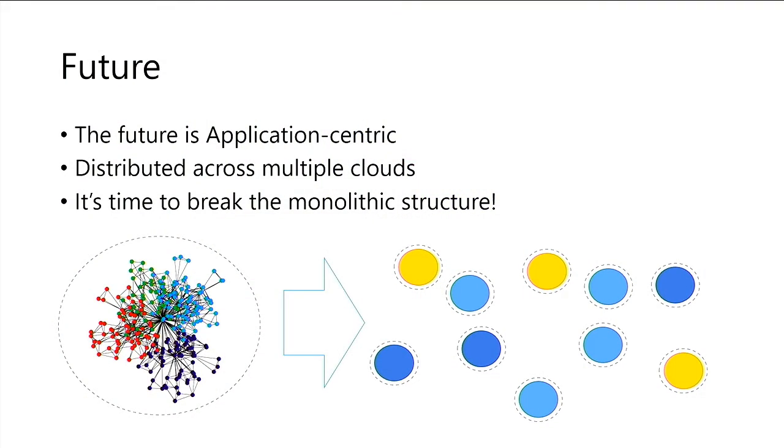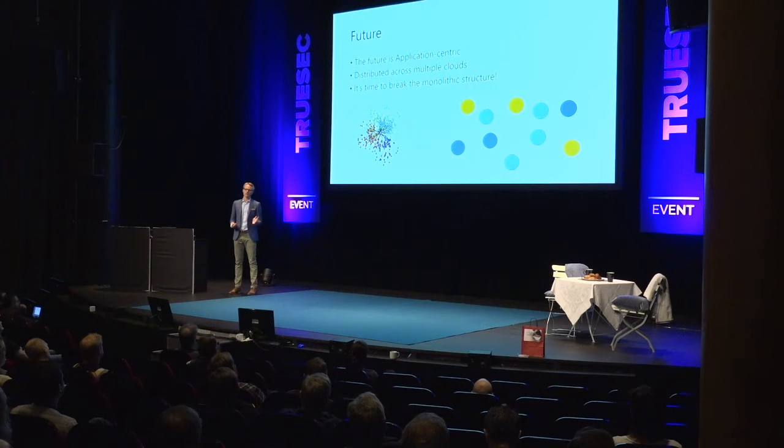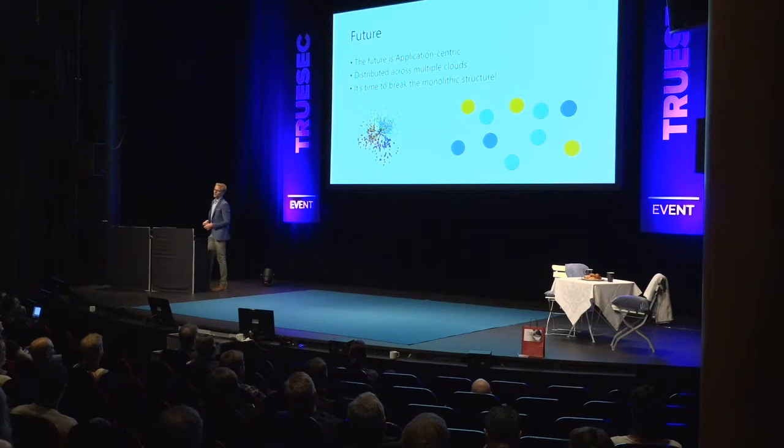And what we see is that the future is application-centric. In many environments, we have the infrastructure already distributed across multiple clouds. Some clouds on Swedish grounds, some clouds in Europe, some in the US, whatever. And that depends. Sometimes it's sourcing vendors even operating their own infrastructure or controlling their cloud for the application that you bought from them.